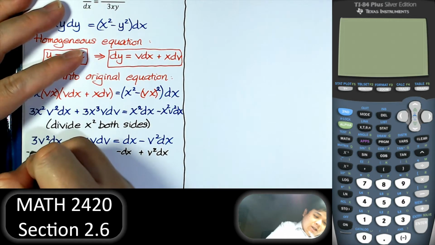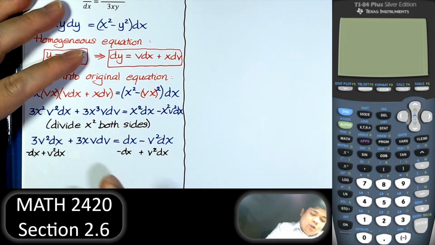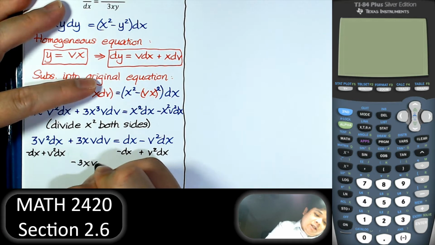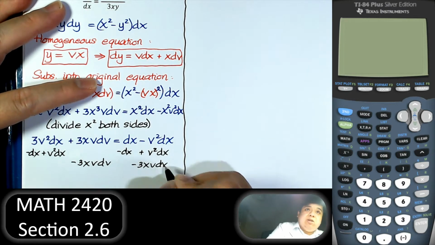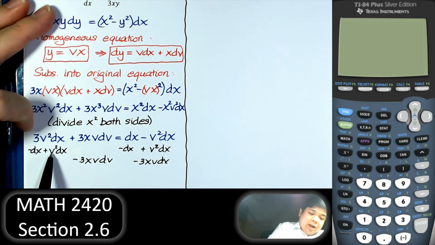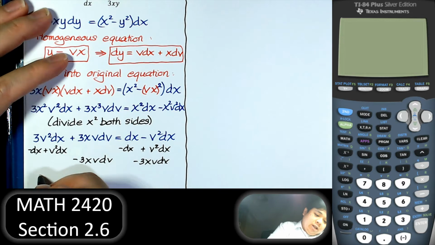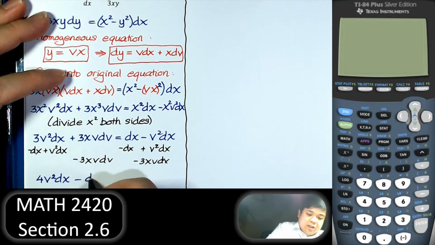So minus dx plus v squared dx, move that to the other side, and then move the 3x v dv to the other side. We do that, and we have 3v squared plus v squared, so 3 plus 1, that's 4v squared dx minus dx.